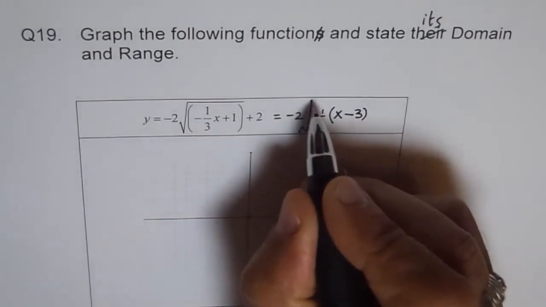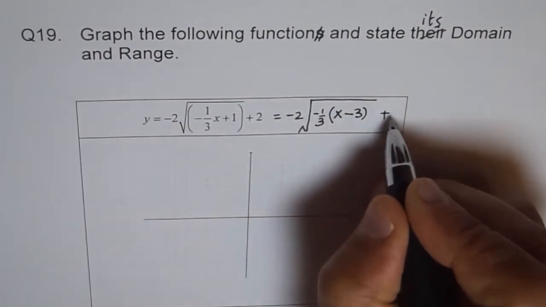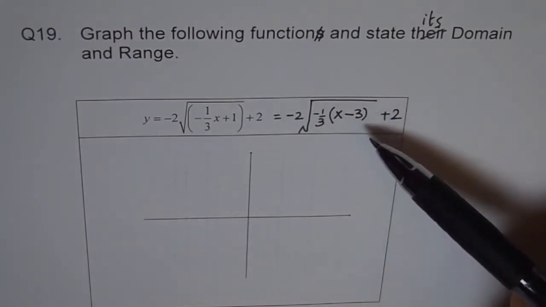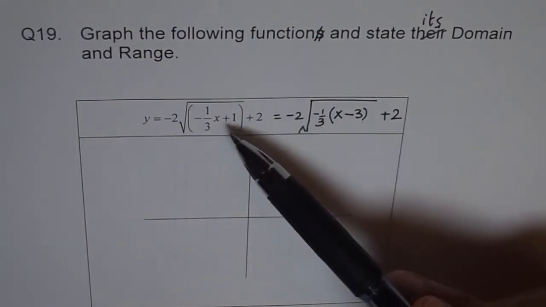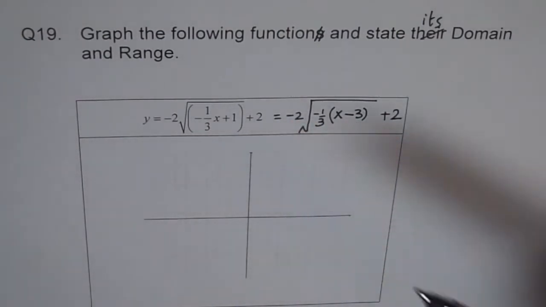That is the square root part, and then plus 2 outside. So that becomes our equation. If you don't do this, then you'll get your horizontal translation wrong. I have seen this mistake in many test papers, so that is a very, very important step.